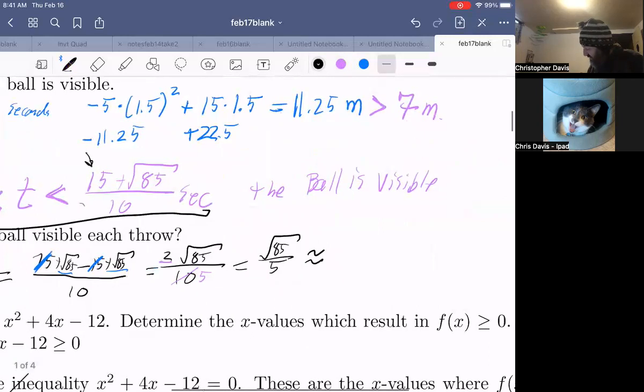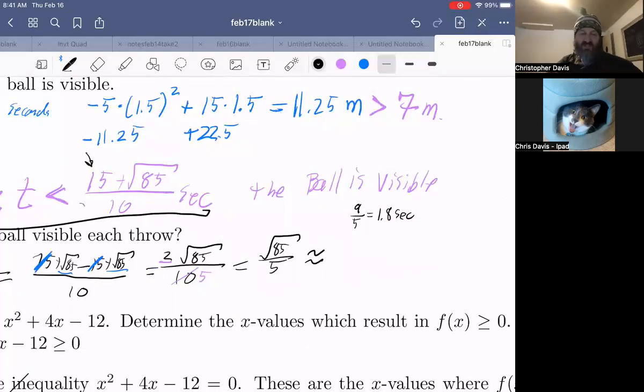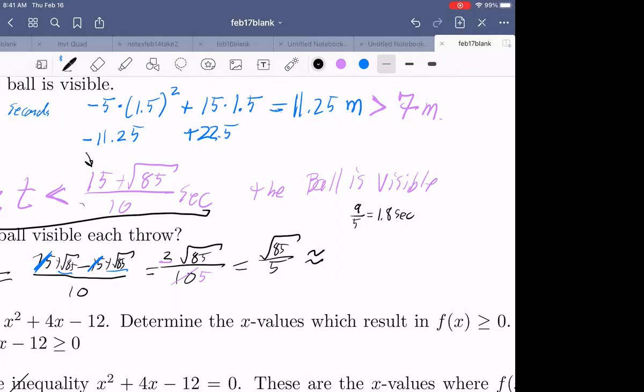So that approximation says that this is about 9/5 or 1.8 seconds. Let's do a little bit better by using a machine. Square root of 85 over 5. And we did pretty good. 1.844 is what I'm getting.